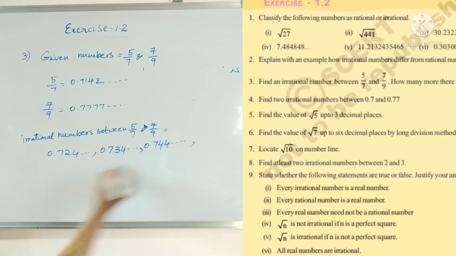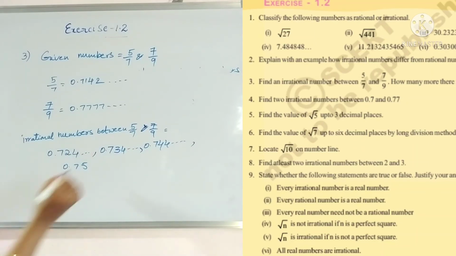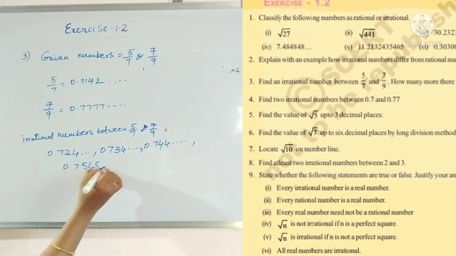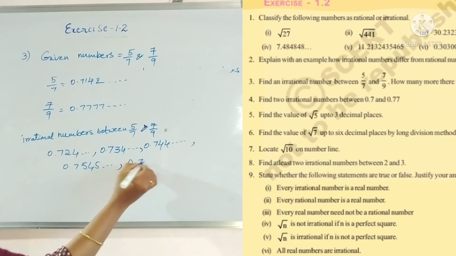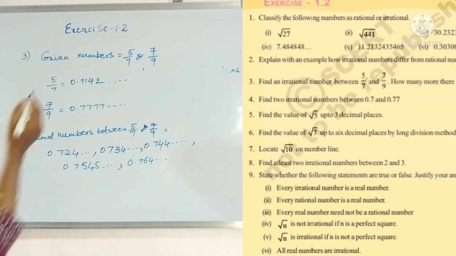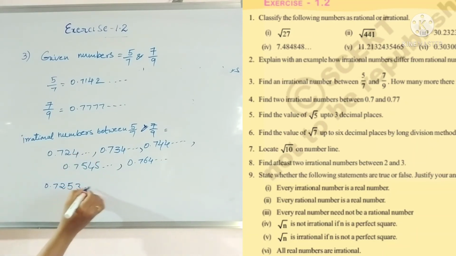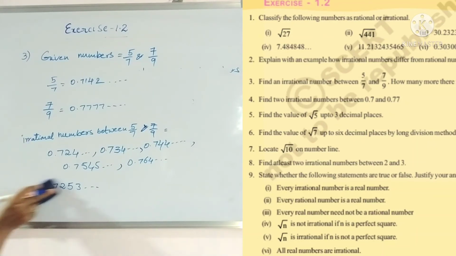So next 0.75, not only 4, we can write anything, 4, 5 and so on, and next 0.764 and so on. Like this we can write so many irrational numbers between any two rational numbers, okay?